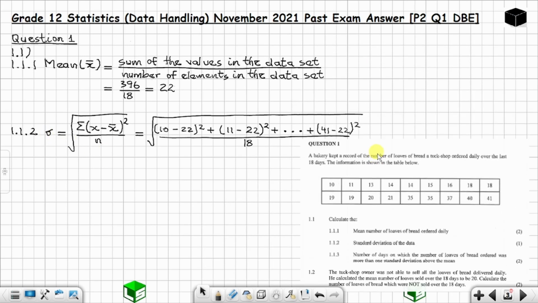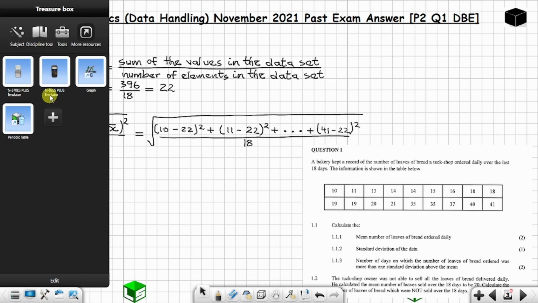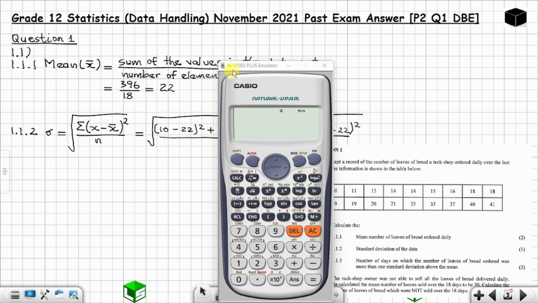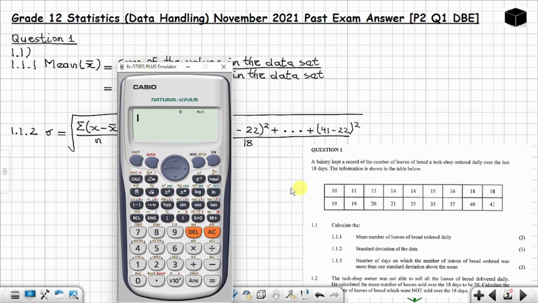If you are using a calculator, this is how you do it. Let's get the calculator. So using a calculator, you press mode. When you press mode, you have start. This is start, it's 3. So you choose number 3.